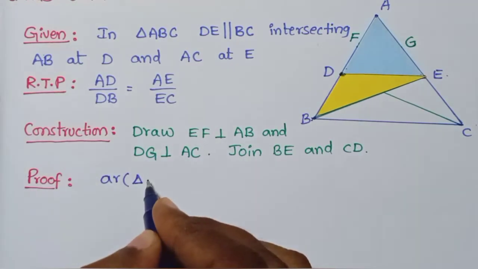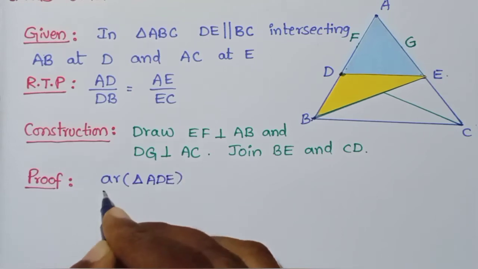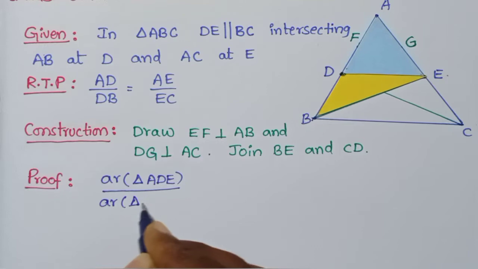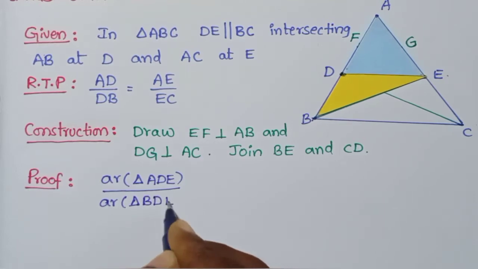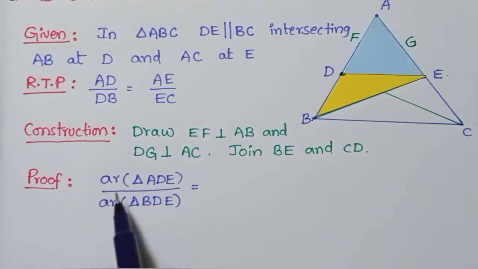Area of triangle ADE by area of triangle BDE. Dear students, you know what is the area of a triangle. Area of triangle is equal to half of the product of its base and height.